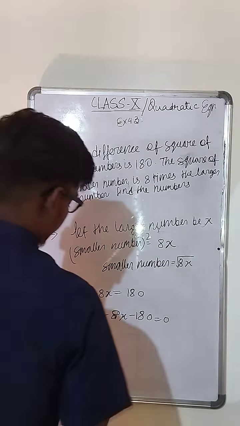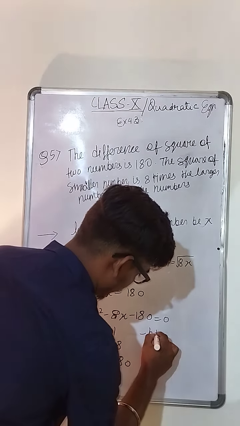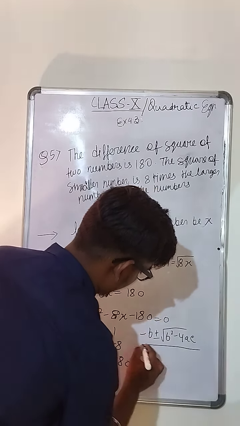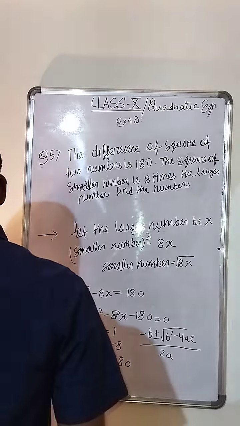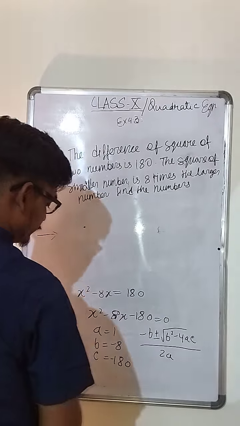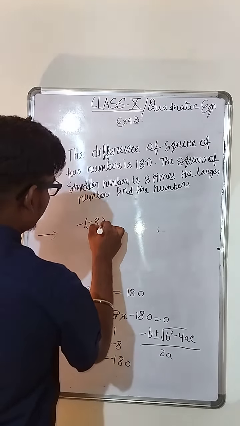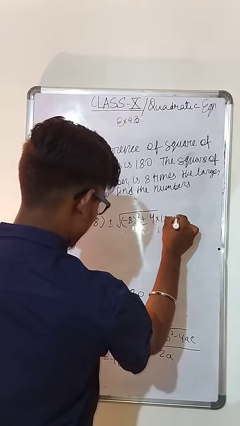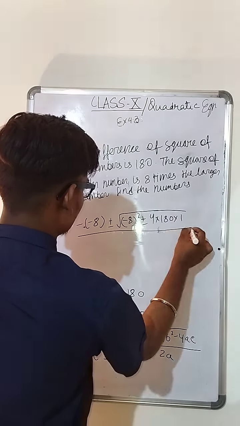So a will become 1, b will become minus 8, and c will become minus 180. Okay, so what is the formula? x equals minus b plus minus root over b square minus 4ac, divided by 2a. So now apply it. Minus b means 8, plus minus root over minus 8 whole square minus 4 into 1 into minus 180, by 2.